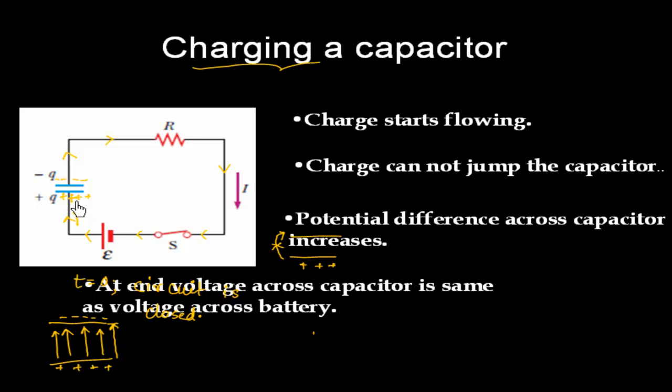So this positive charge will repel the coming positive charge, and a time will come when the force applied by this plate is the same as the force applied by the battery, that is, the electric field due to the battery inside this wire is the same as the electric field due to the plate inside this wire. So a time will come when they are equal, and there will be no charge flow.